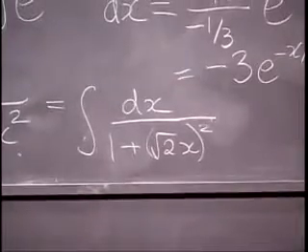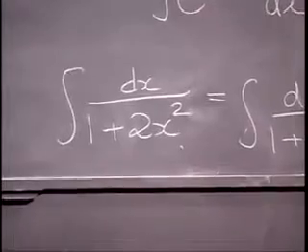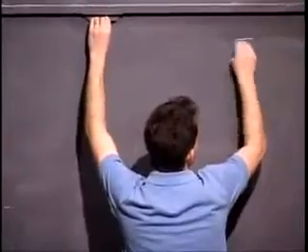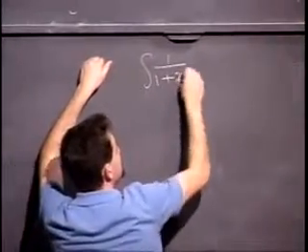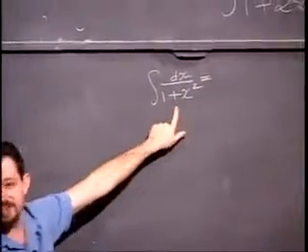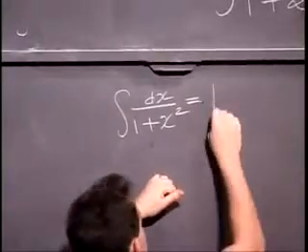After all, if you square root 2x, you get 2x squared. So this should remind you, I'll leave this blank for the moment, what's the integral of 1 over 1 plus x squared dx? You can put the dx on the top if you like. What function has that derivative? Inverse tan, arctan, same thing.